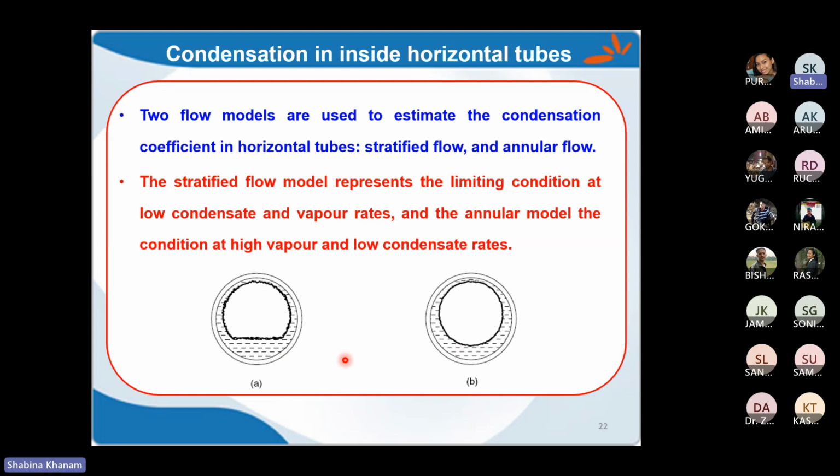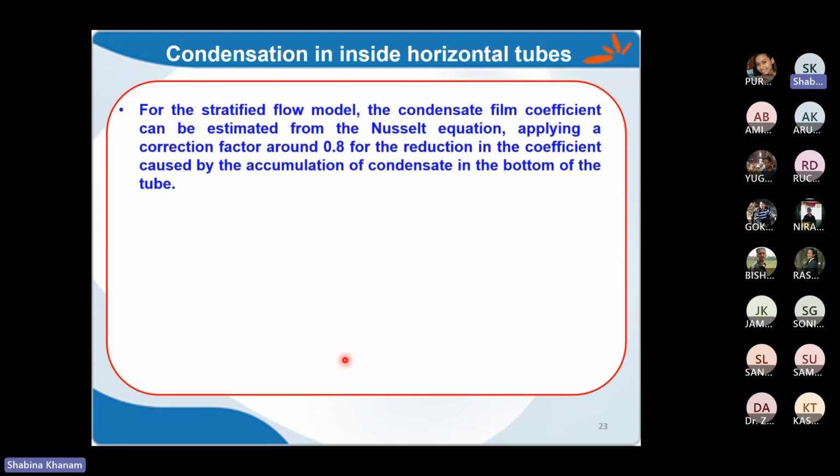When I'm considering stratified flow, the condensate film coefficient can be calculated by the Nusselt equation. Nusselt equation means the first one, where we considered shell side condensation over the tube, and that we consider inside the tube.